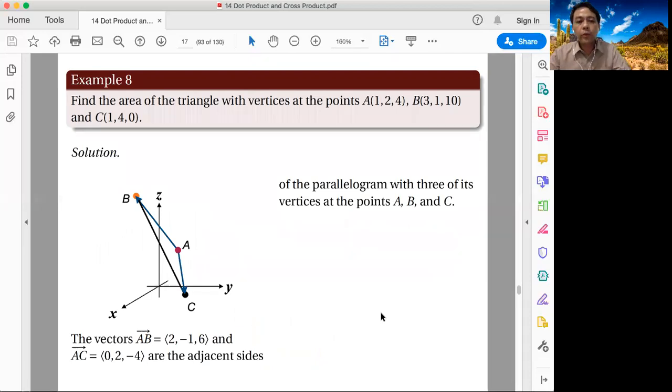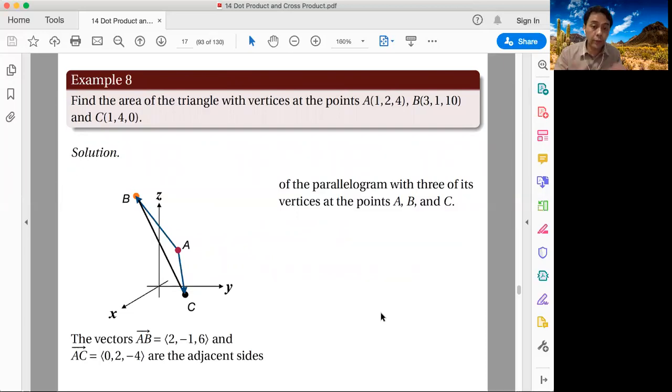Now, to get the area of the triangle, we can form the triangle by just connecting the points with line segments. And take note that the area of a triangle is always half the area of a rectangle. So what we can do here is first get the area of the parallelogram.